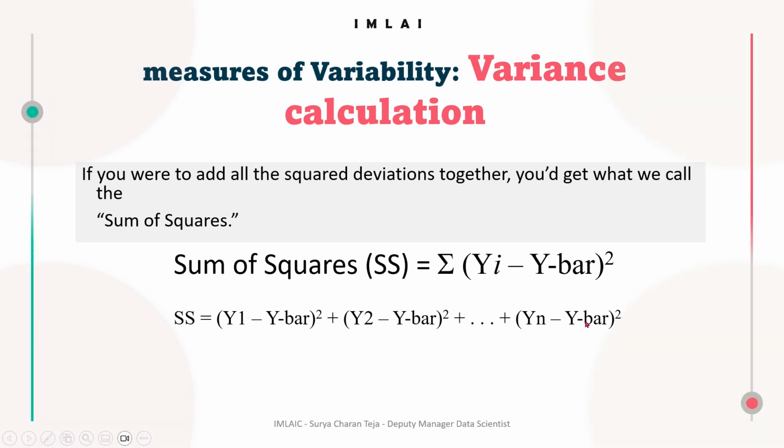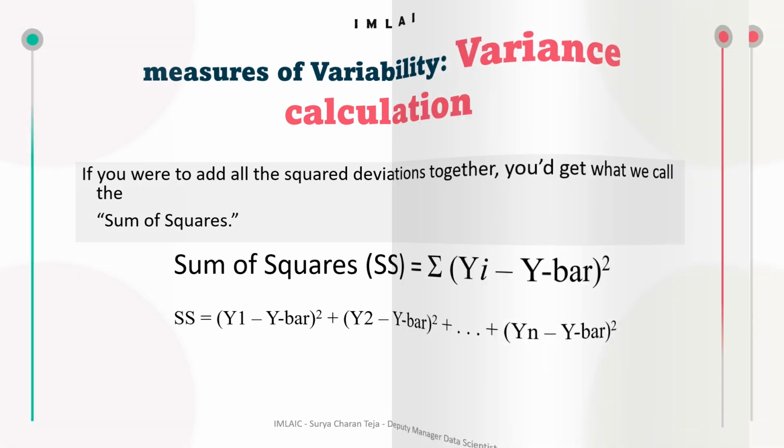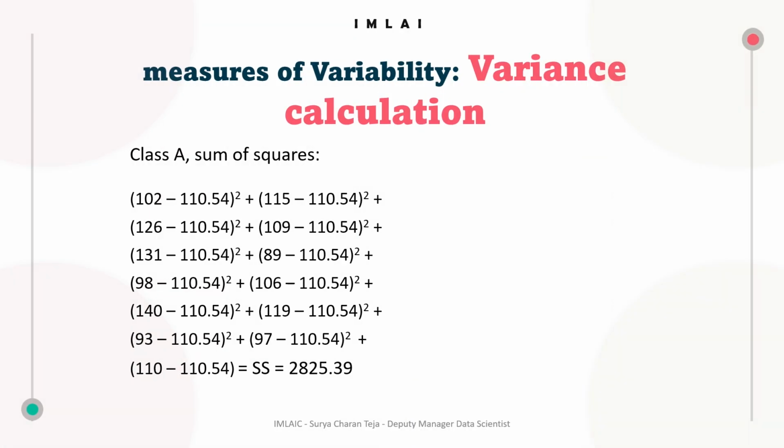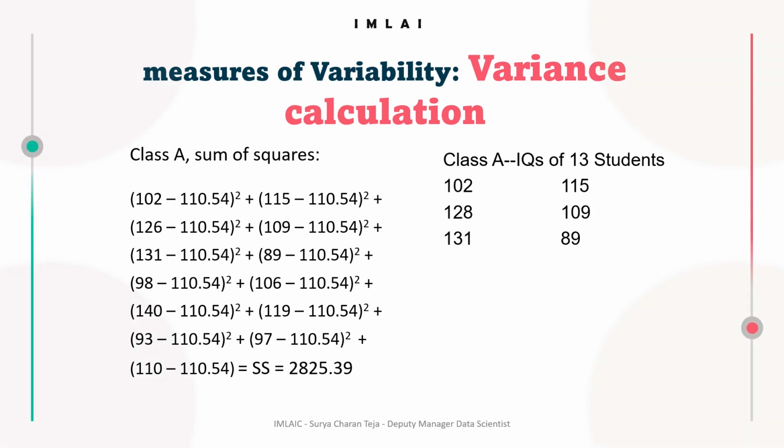Let me explain this with our IQ example, so that it would be much easier. For measures of variability, we are doing the variance calculation with the class A IQs of 13 students. These are the 13 students' IQs: 102, 128, and so on.